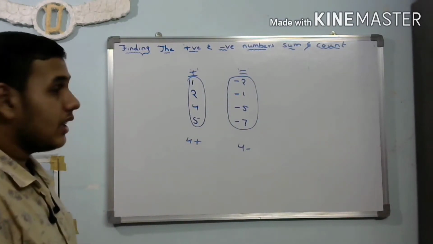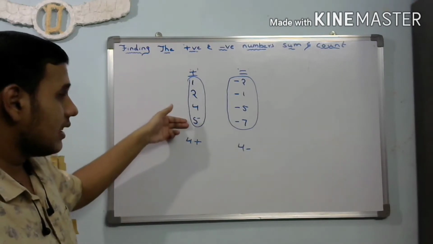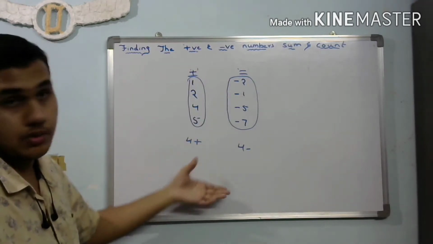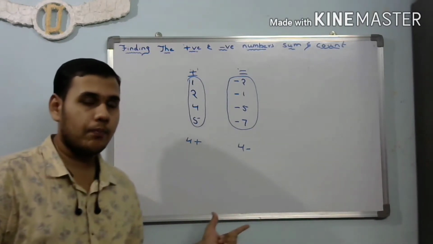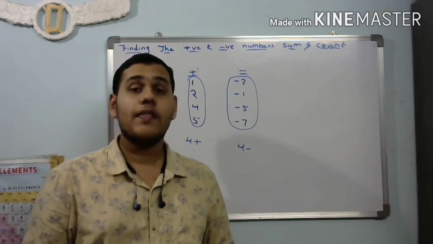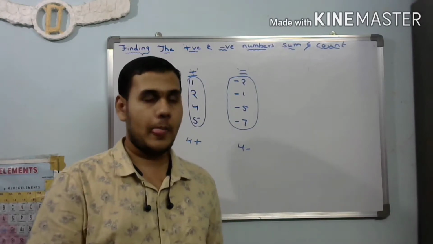And it's also very easy to sum all of these numbers and sum all of those numbers. We get some values. But how do we do the same using a computer, that too in C language?